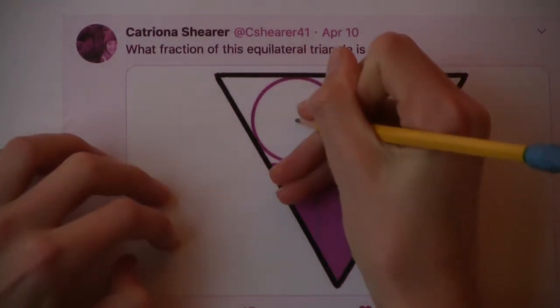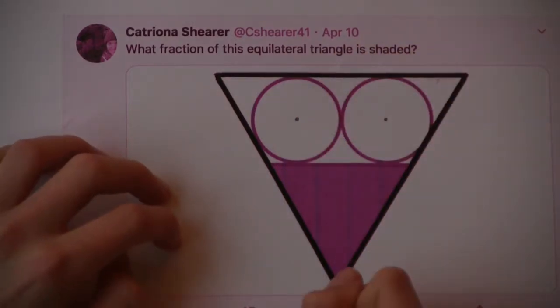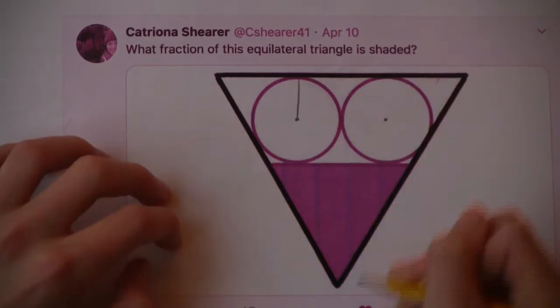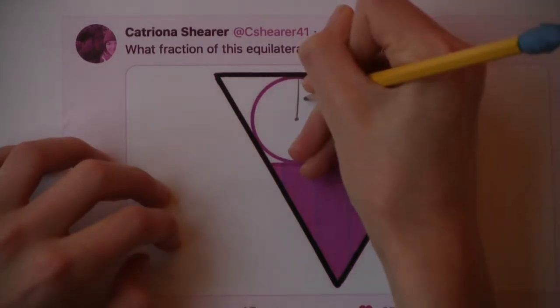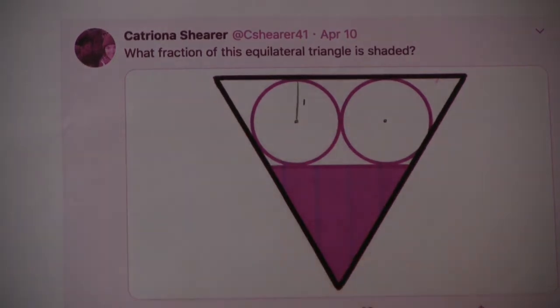So, talk about what you did here. The centers here are marked out, and if we want a fraction, I can just call this length 1. That way it makes the numbers a little easier, and no matter what you call this, the ratio will still be the same.